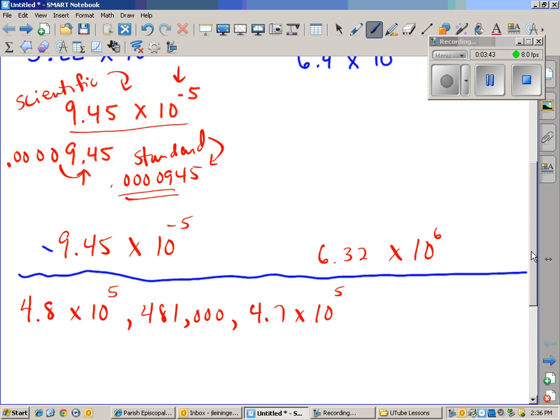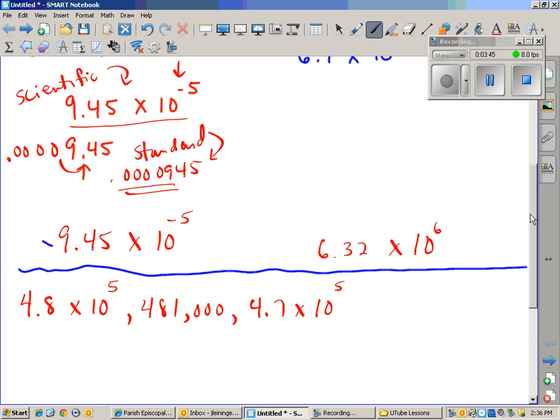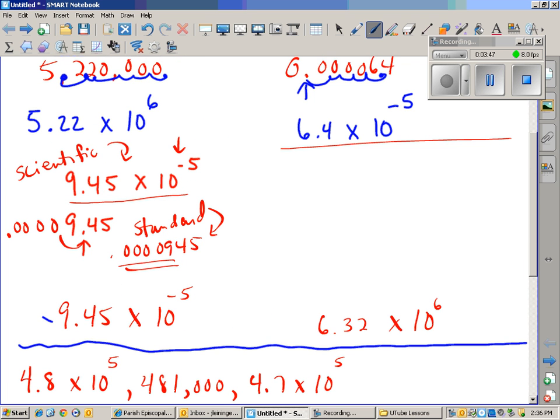There's one more that I have written here, this 6.32 times 10 to the 6th. Again, we start with the decimal point. My power is positive, so I'm going to make this 6.32 bigger by moving my decimal point 6 places to the right. There's 2 moves right there.